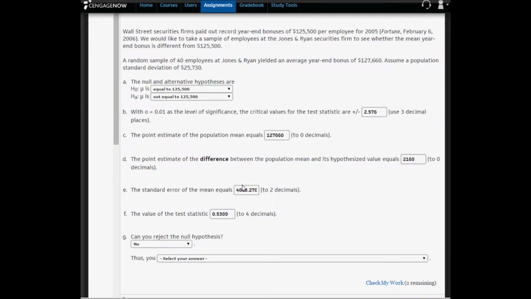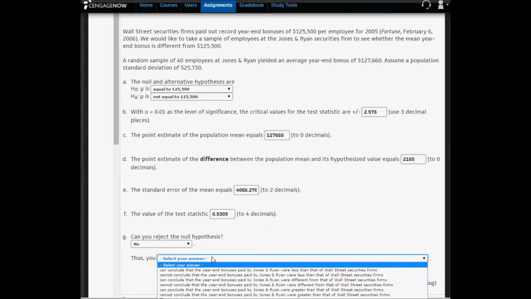If we had rejected the null hypothesis, then we could have said that the alternative hypothesis is true. However, we could not reject the null hypothesis. So then we cannot say that the alternative hypothesis is true.